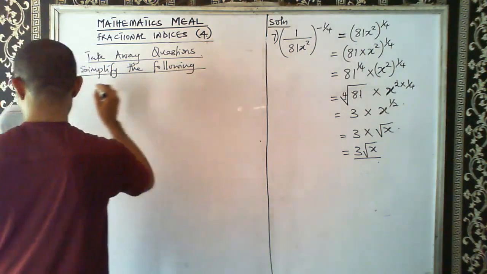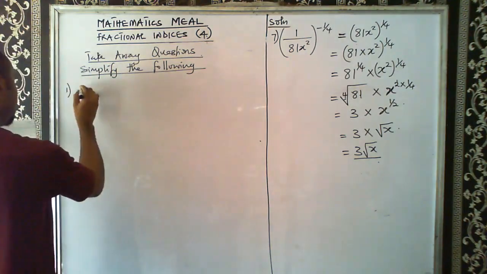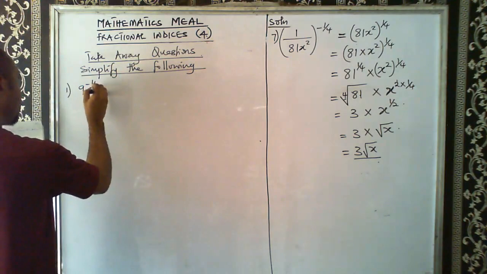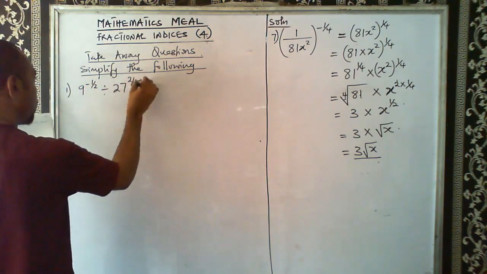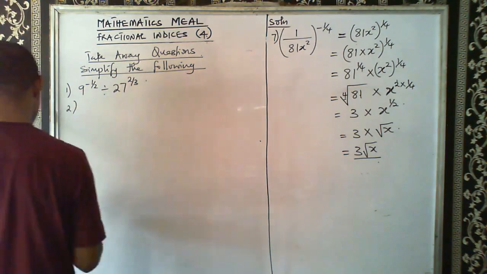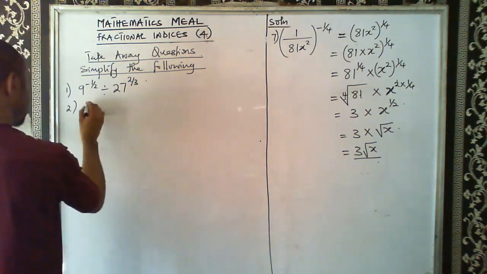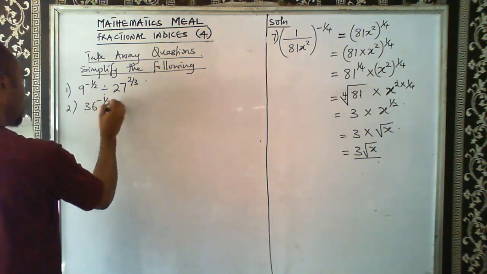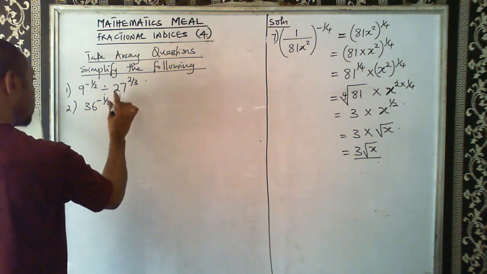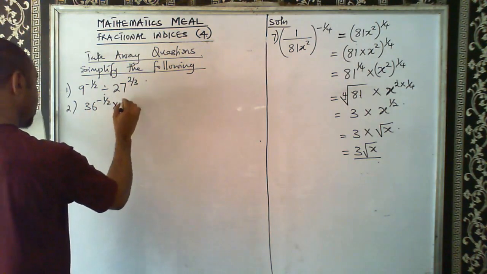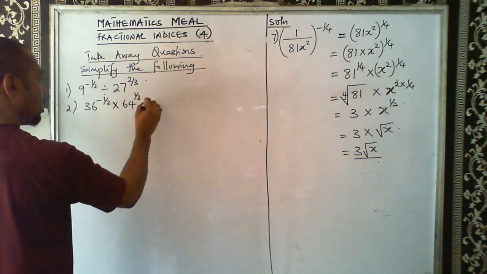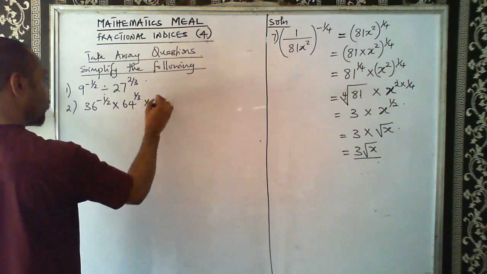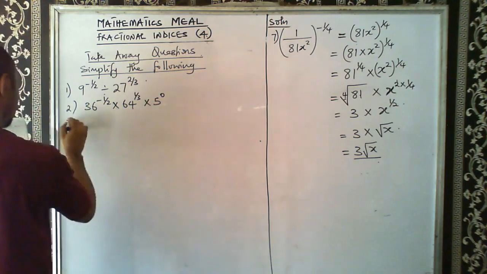Simplify the following. Number 1, we have 9 raised to power minus 1 over 2 divided by 27 raised to power 2 over 3. Number 2, 36 raised to power minus 1 over 2 times 64 raised to power 1 over 3 times 5 raised to power 0.